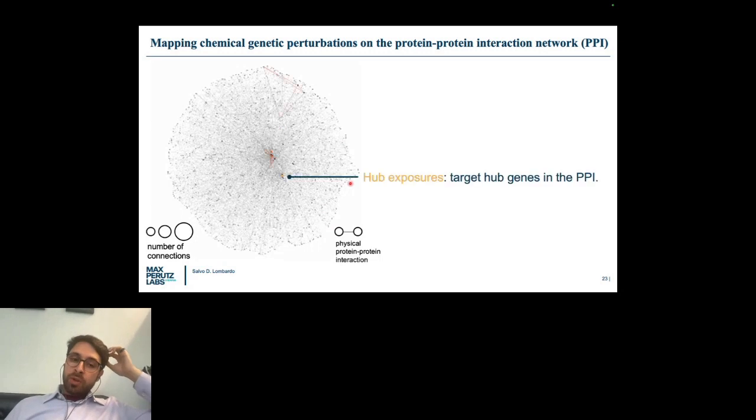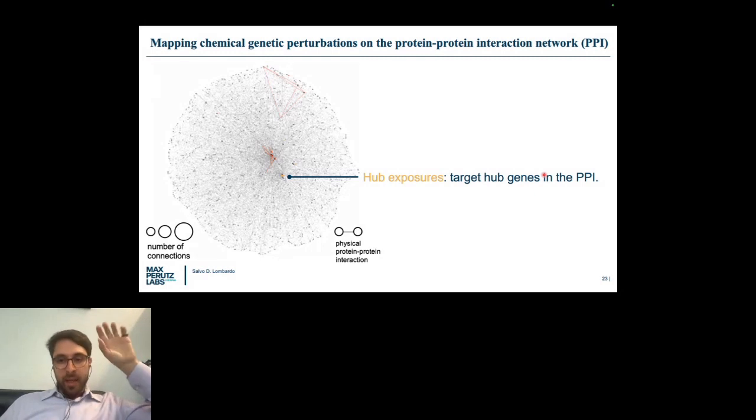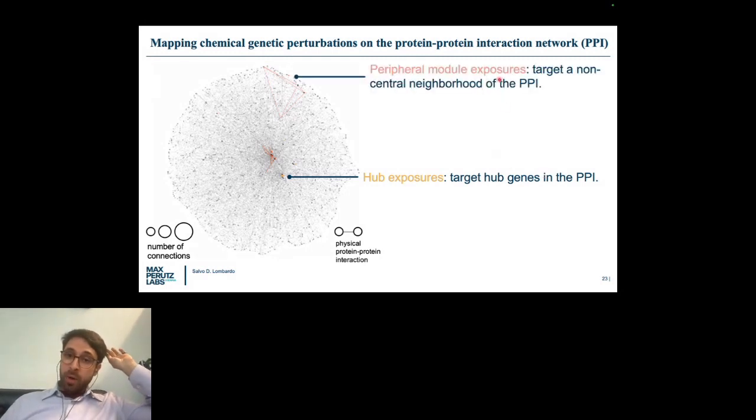We have those exposures that target hub genes, and we call them hub exposures. Hub genes in the PPI are genes that are connected to a lot of other proteins. In this case, I'm using the terms genes and proteins interchangeably, but I'm referring to proteins. Then we have the peripheral module exposures, which target groups of proteins in the periphery of this network.